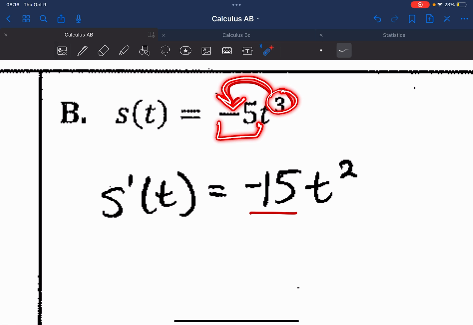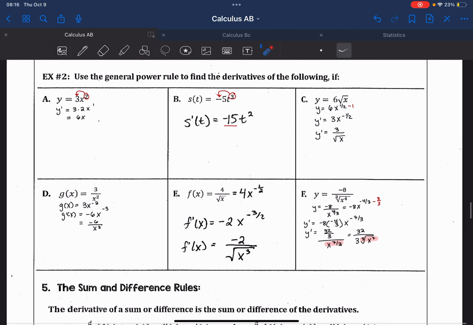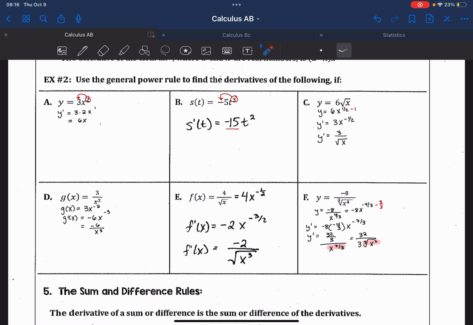So technically what I'm going to do is negative 5 times 3. Well, that's negative 15. Then I'm still going to subtract 1 from the exponent, so 3 minus 1 gave us 2. So the derivative of negative 5t cubed is negative 15t squared.